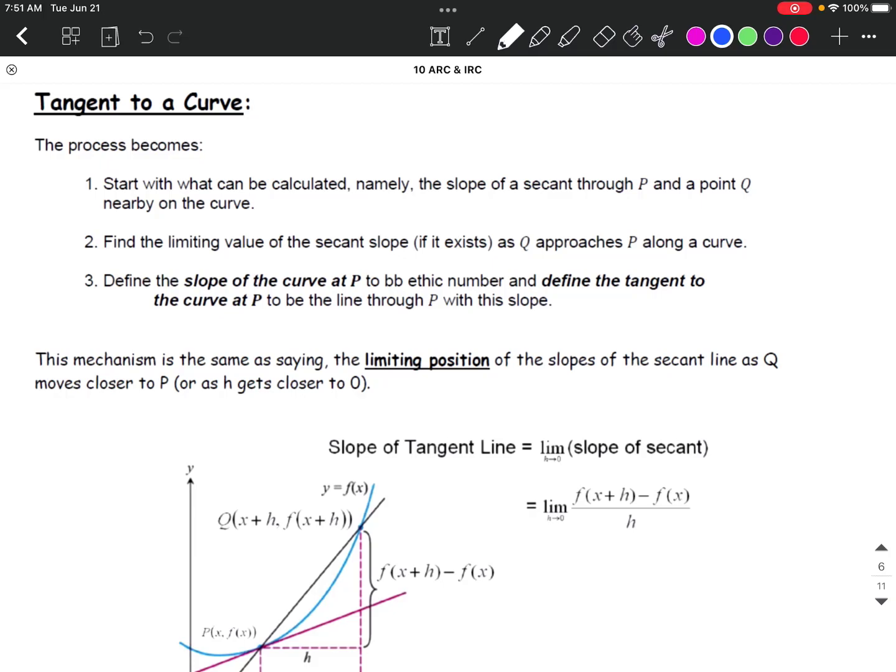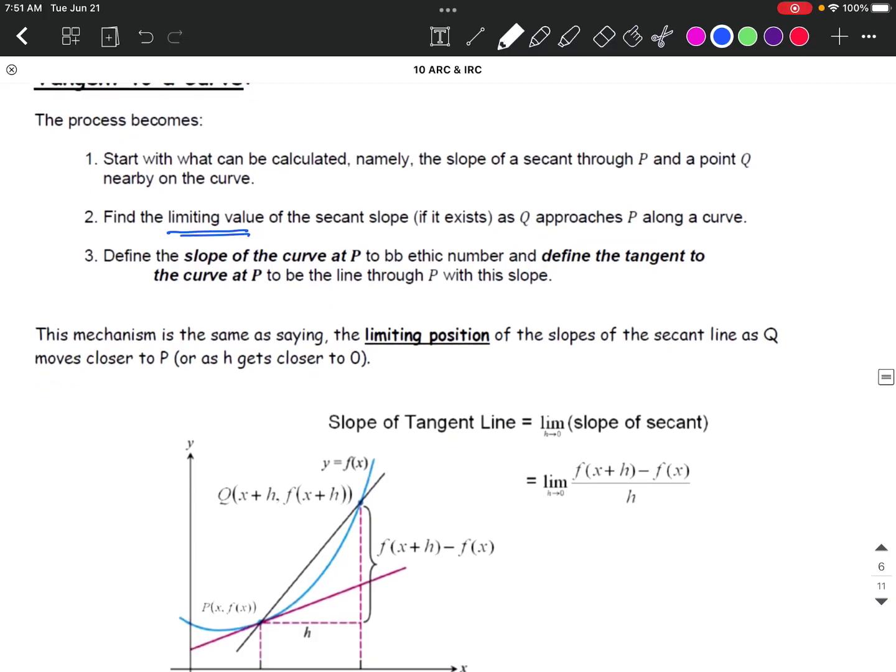Now, if you have a function, you start with that average rate of change and you find the limiting value of the secant slope as Q approaches P. Now remember, that should sound familiar. Limiting value, that's a limit. And we were letting the length of the interval get smaller. We were letting h approach 0. That's why the slope of a tangent line equals the limit as h heads to 0 of the slope of the secant line.